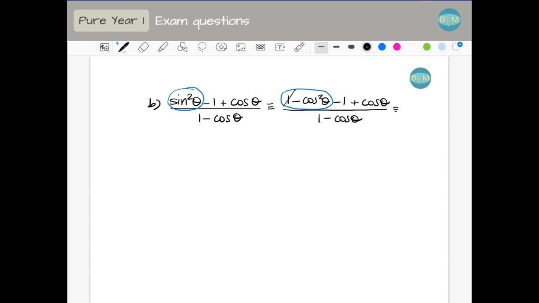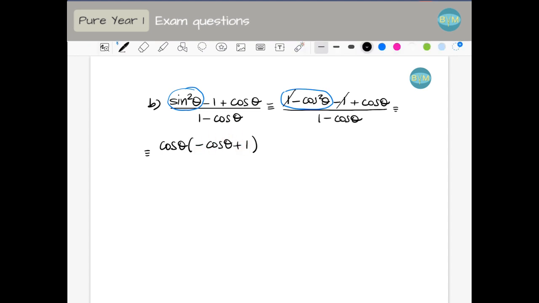I can cancel this one with this minus 1, and I have cos squared and a cos. I can factorize this expression and write as cos theta minus cos theta plus 1, or if you want, the other way around, because it looks better.